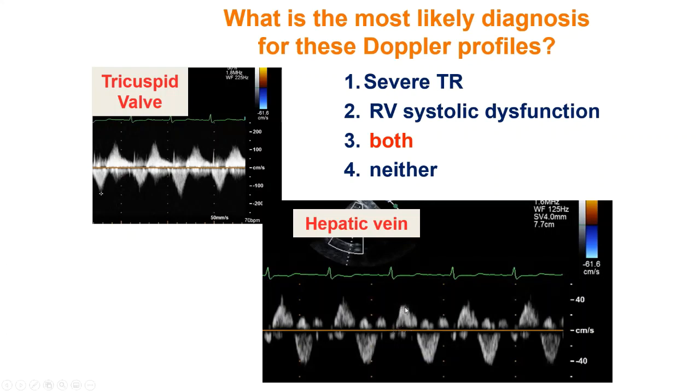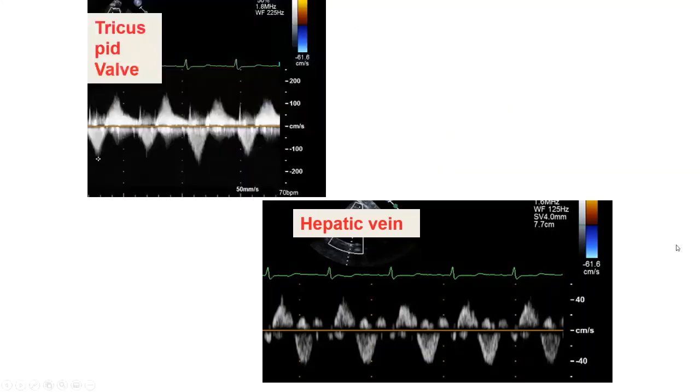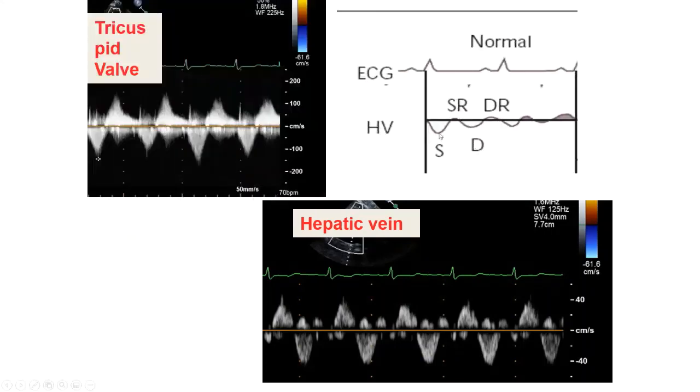The hepatic vein tracing shows reverse flow in systole because of the tricuspid regurgitation. And this is in diagram form what the hepatic vein tracing should look like. You should have a forward wave in systole and a forward wave in diastole with small reversals on either side.